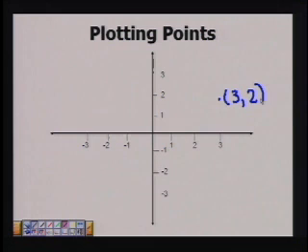If we were plotting the point (-3, 2), we would again start at 0, move to the left 3 spaces, and up 2 spaces. If we were plotting the point (-3, -2), again start at 0, move to the left 3 spaces, and down 2 spaces.